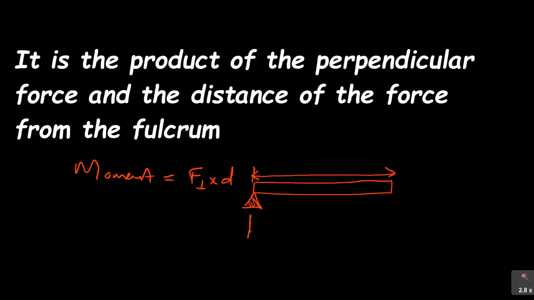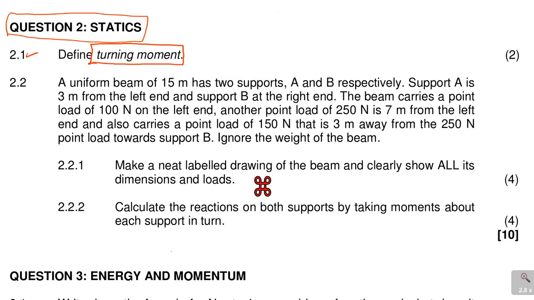So that force F is the force, and the distance is that. If you multiply F times D, that is the moment, and the unit is Newton meter. Remember, F is in Newton, and distance is measured in meters. So it is the product of the perpendicular force and the distance of the force from the fulcrum. That is that part of the definition.